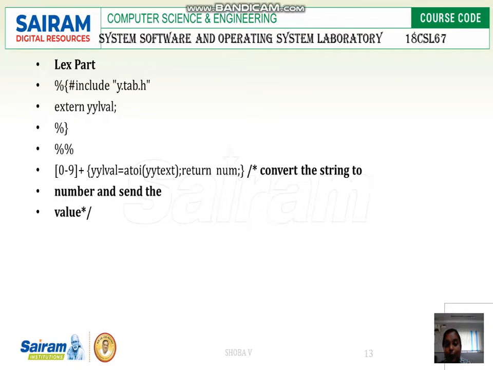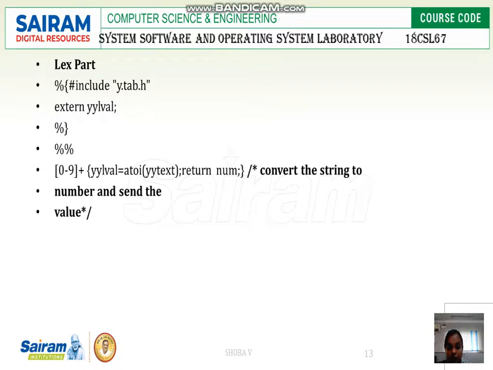So this is the LEX part. Now we will see the definition part first. It should start with percent and open brace, #include y.tab.h, and extern the variable yylval, then close with the close brace, and then it should be separated by the delimiters percent percent.